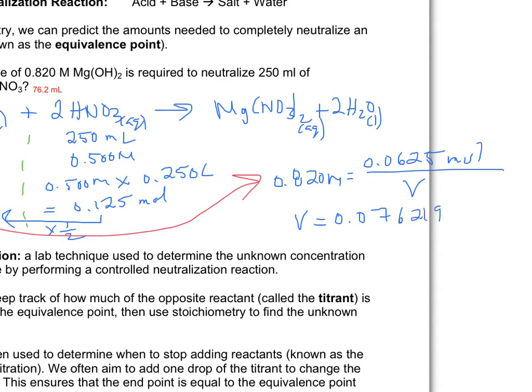Now that will be in liters. Looking at my sigdigs, the 250 mL only has 2. And if I want to, I can convert my final answer into milliliters by multiplying it by 1,000. So in order to neutralize 250 mL of my half-molar nitric acid solution, I need to add 76 mL of my base sample.